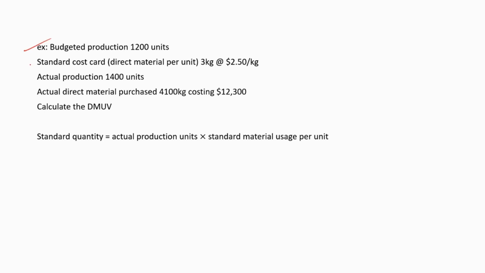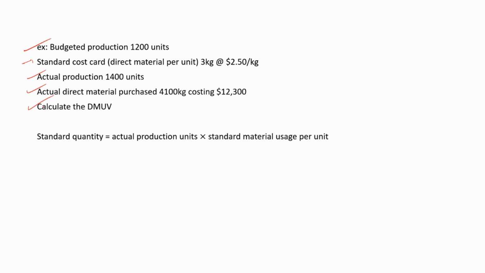Budgeted production is 1200 units. The standard cost card for direct material per unit is 3 kilograms, and 1 kilogram is equal to $2.5. Actual production is 1400 units. Actual direct material purchase is 4100 kilograms and the cost is $12,300.